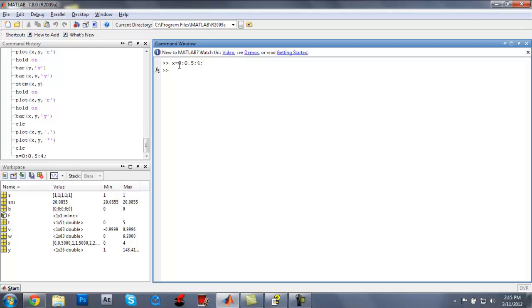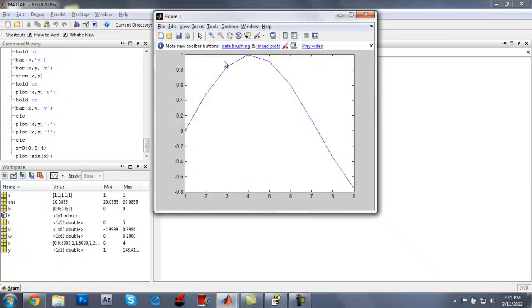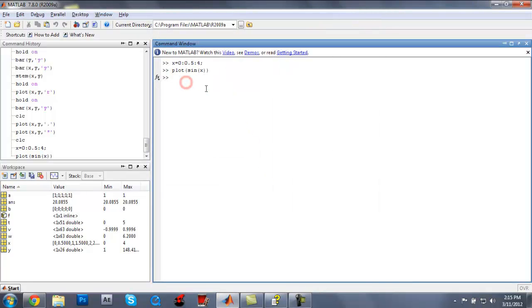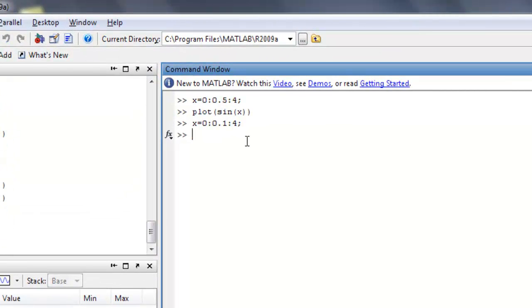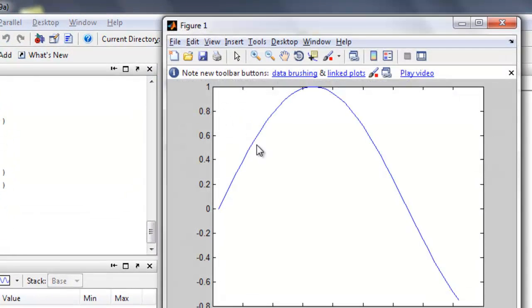Right, if we give the x values with a difference of 0.5, the graph will not be so curvy because the difference is large, so it will be plotting straight lines across it. We can see like this, plot sine x, hit enter. These are the straight lines in this, so we have to use as small a step as we can. So I usually use 0.5, so just using plot, it gives a nice curvy and smooth graph.